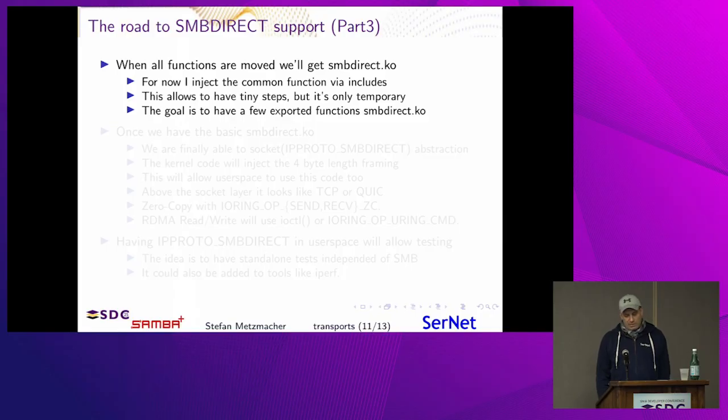And once we have that and everything is in common, then we have just the few functions which need to be accessed by the SMB layer, and these will be exported from a common SMB-Direct.ko.